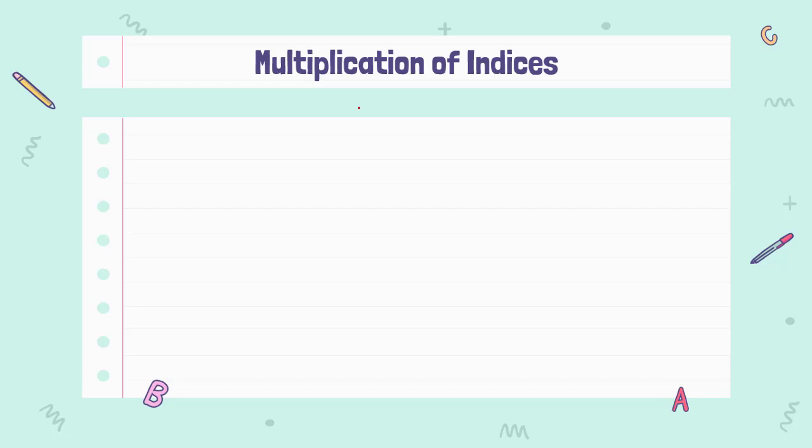So, in multiplication of indices, you have to remember the concept of indices. Indices is repeated multiplication. Just keep that in mind and we can solve the equation like this. The equation will be 3 with the square times 3 with the fourth. So, how to solve it? Well, based on the concept that indices is repeated multiplication, you just need to put 3.